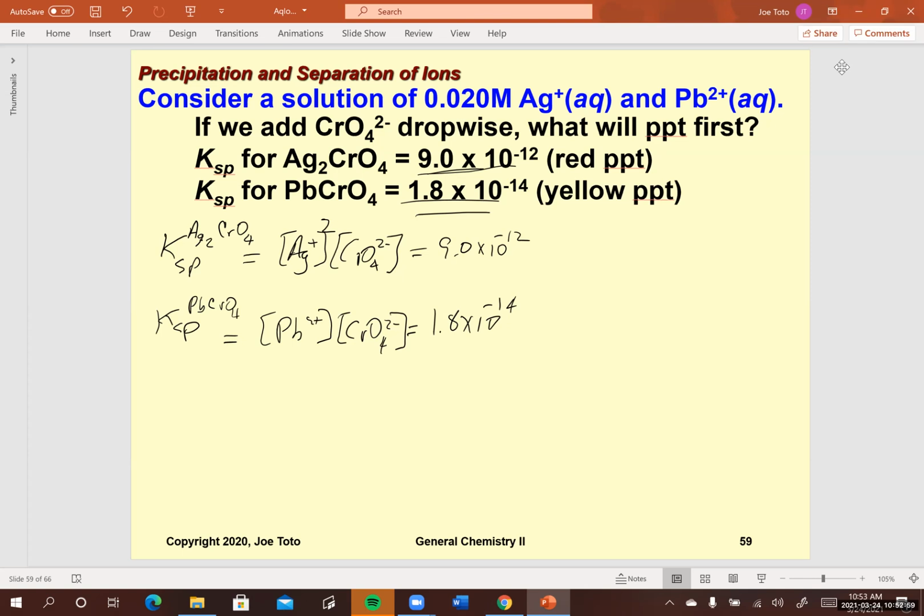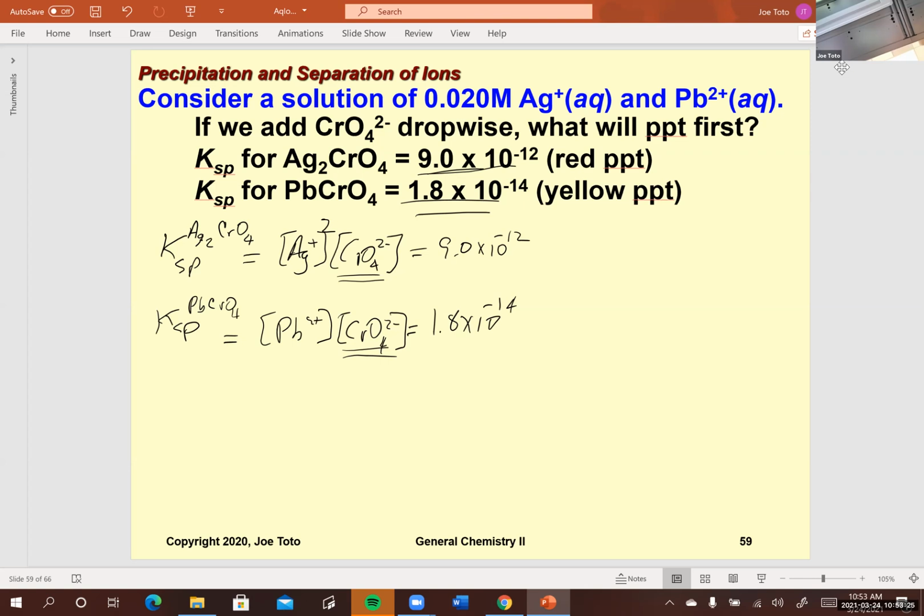Does the silver actually double because of the coefficient? Well, yeah, like double ions? We can figure that out exactly, what the concentration of chromate we need in each situation. But if you're going to guess, which one would you guess would precipitate first and why?